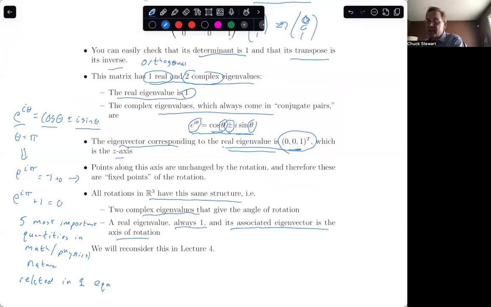So again, two complex eigenvalues give the angle of rotation, and we can ignore their eigenvectors. The real eigenvalue is always 1, and the eigenvector associated with it is the axis of rotation. And we'll come back to this.